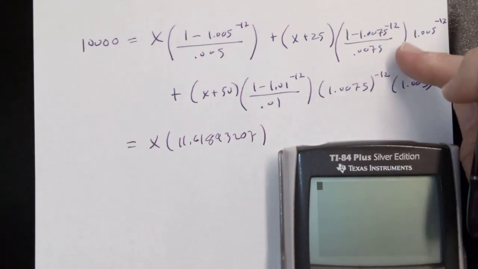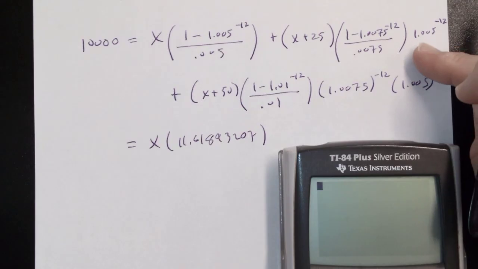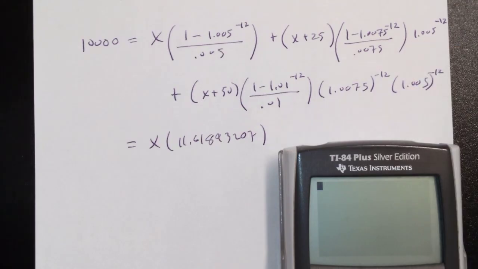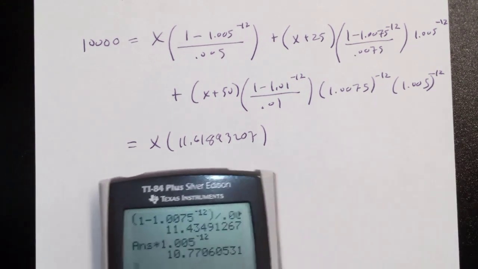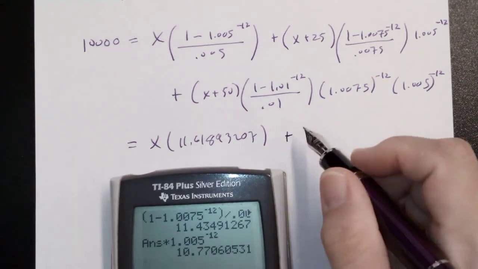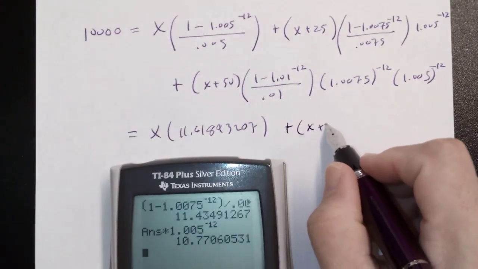Now I need these two numbers multiplied together. 1 minus 1.0075 raised to the negative 12, close the parentheses, divide by 0.0075. That's this number. Multiply that by 1.005 to the negative 12. That number gets multiplied by x plus 25.